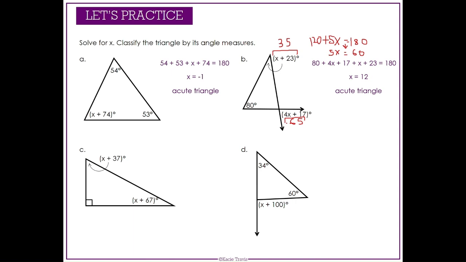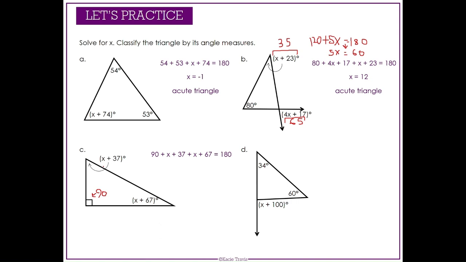C is a little bit easier because they automatically give you this 90-degree angle right here. So that means that automatically, because this box is here, this is a 90-degree angle, which makes this a right triangle. But we still got to figure out what x is. So let's figure it out. All our angles are inside the triangle.